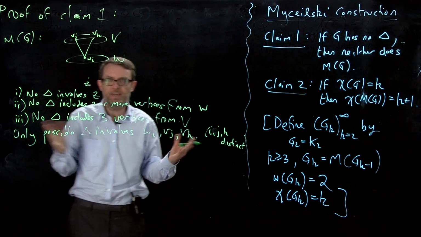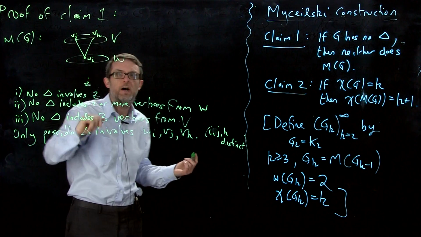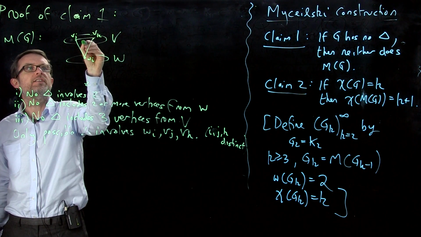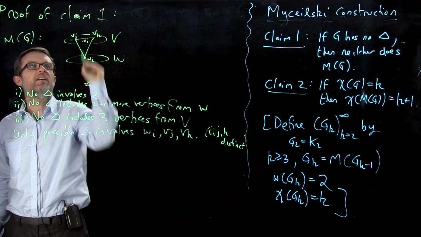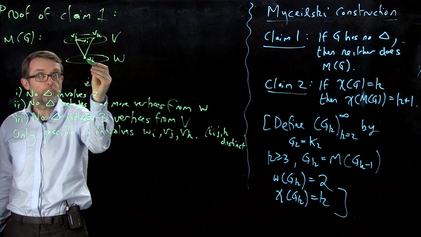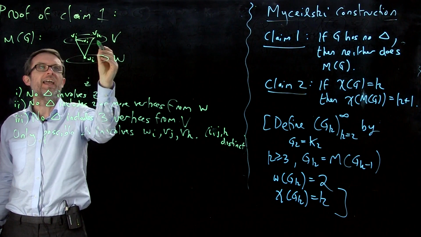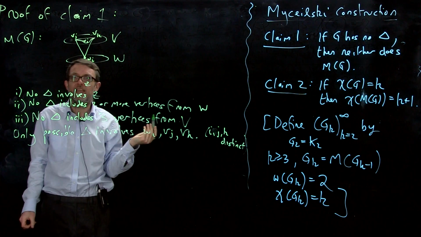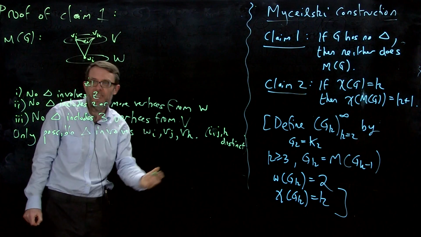And that's the key point. Why is w_i adjacent to v_j? Because there is a v_i here that is adjacent to v_j. That's what put the edge from w_i to v_j in. But also, v_i is adjacent to v_k. That's what put the edge from w_i to v_k.